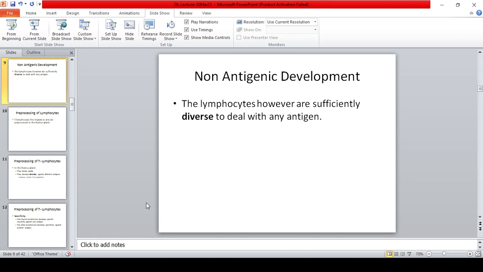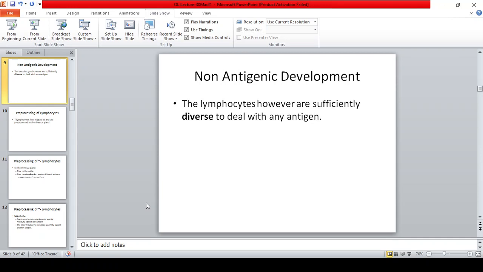So this means that they are sufficiently diverse to deal with any antigen, meaning that all of the lymphocytes are different, each having the capacity to react to any antigen.